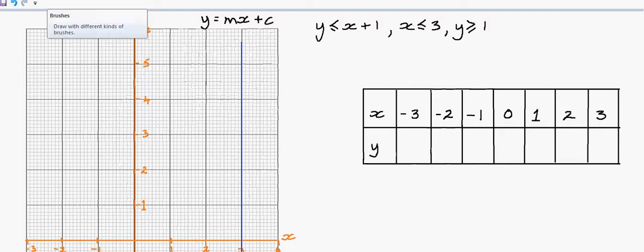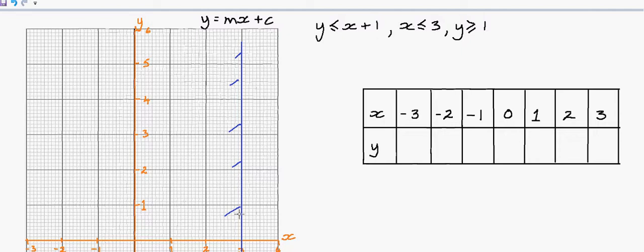Okay. Doesn't make a scrap of difference to what we're doing. So we still go to where x equals 3. So where x is less than or equal to 3. So if I go to where x is 3, anywhere where x is less than 3, so anywhere to the left of this line, x is less than 3 because x goes to 2, to 1, to 0, to minus 1. So we're only interested in what's to the left of that line.